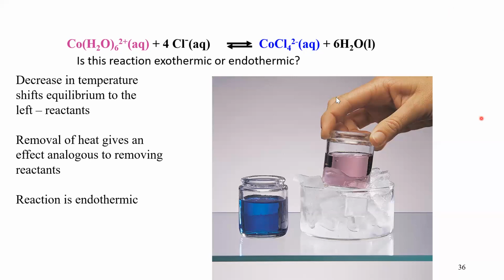Because if we were to take it out of the ice, it's going to start gaining energy from the room, which is going to shift the equilibrium towards the right, which is eventually going to turn it back to blue. And you could manipulate this and go back and forth depending on the temperature.